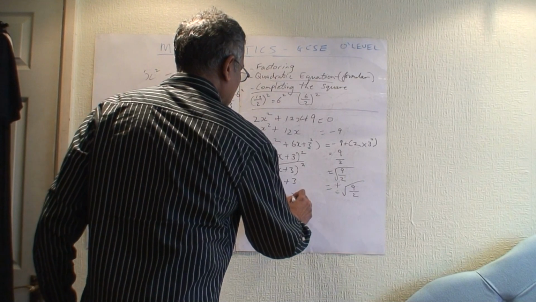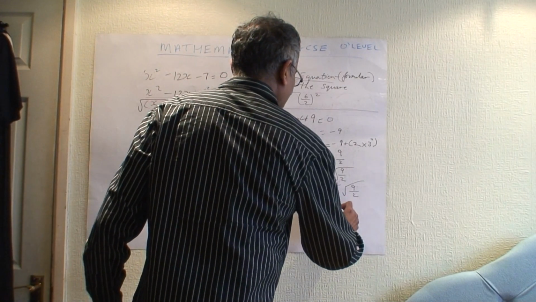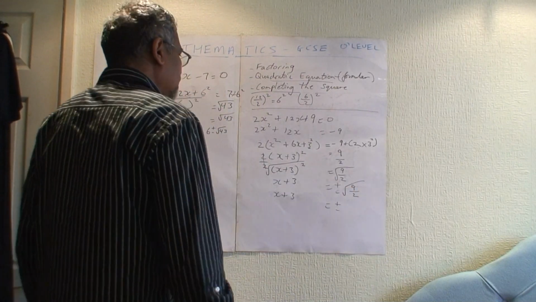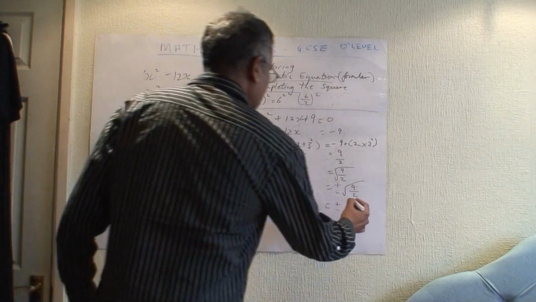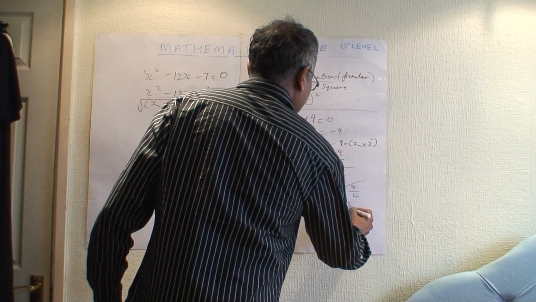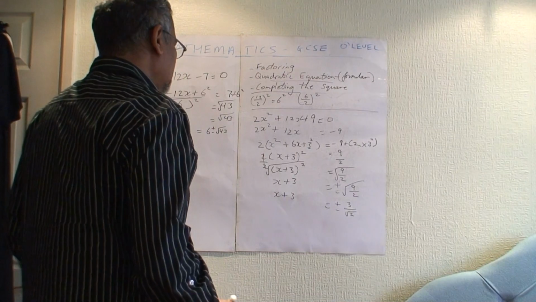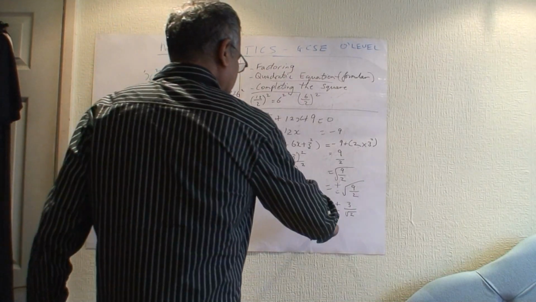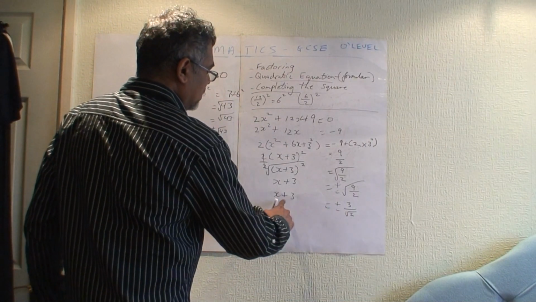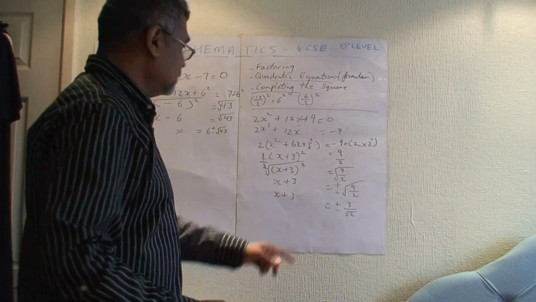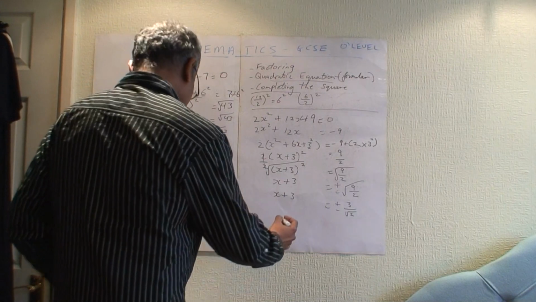So we may not be able to find the square root of 2, but we find the square root of 9, which is 3. So we say that 3 divided by the square root of 2. We cannot simplify that. And now we need to minus the 3 on both sides to leave x by itself.